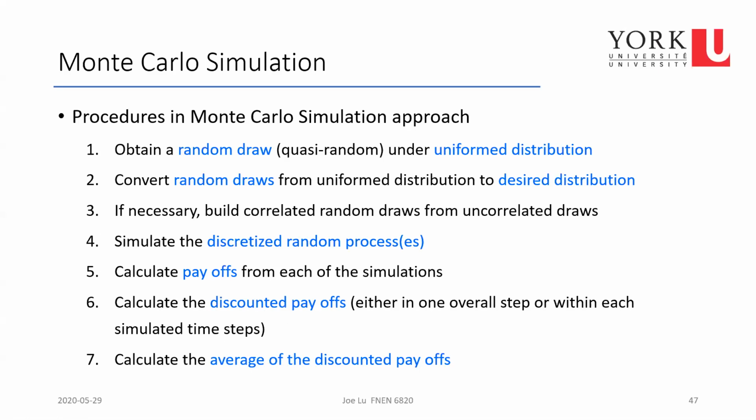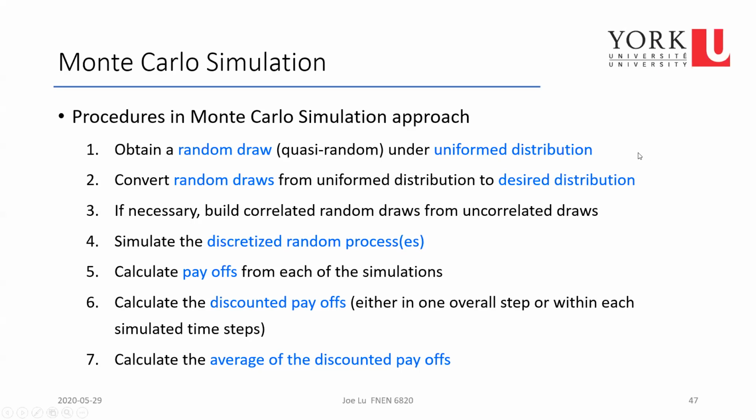Now, what are the steps to calculate the price of the financial derivatives using Monte Carlo? So first, you need to generate a distribution. Obviously, initially you're just going to generate out of a uniform distribution, right?